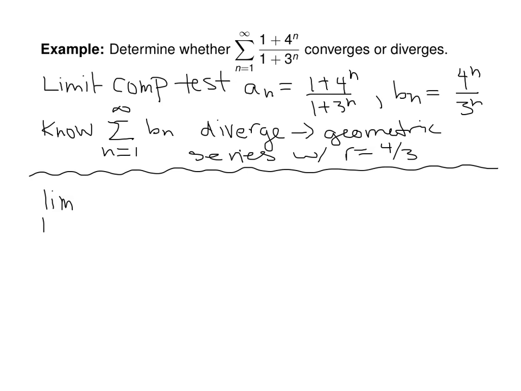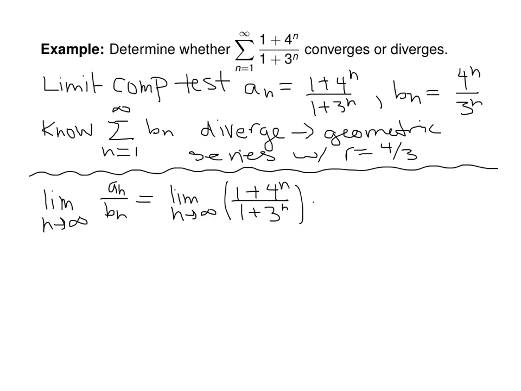So let's find the limit as n goes to infinity of A sub n over B sub n. So that will be the limit as n goes to infinity of 1 plus 4 to the n over 1 plus 3 to the n multiplied by 3 to the n over 4 to the n.